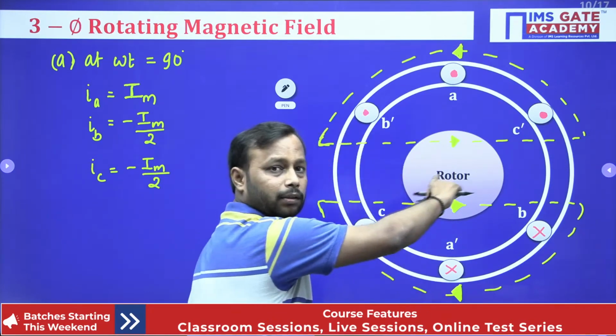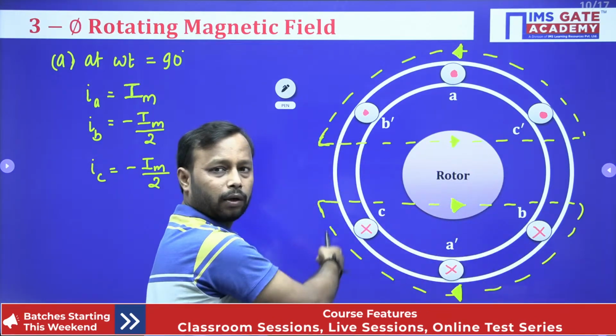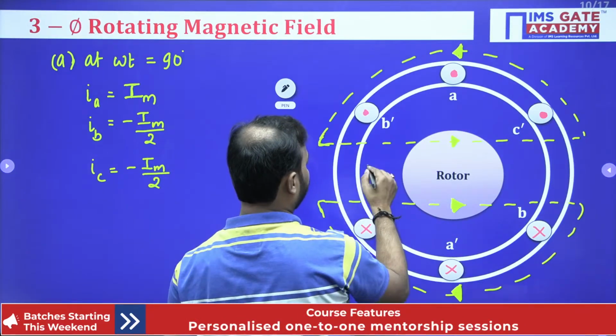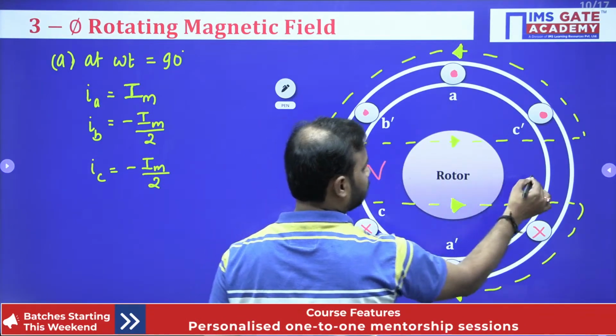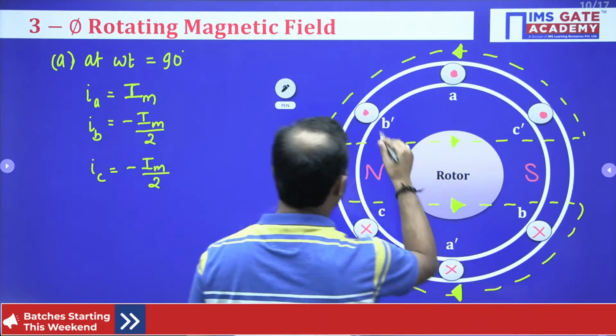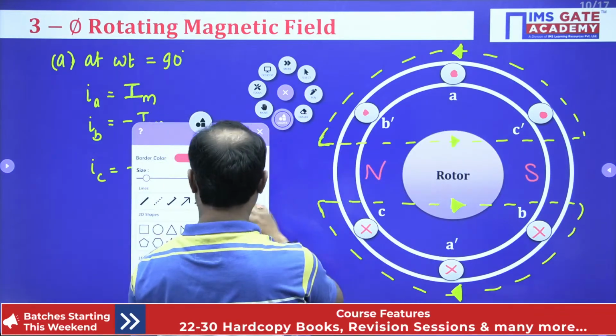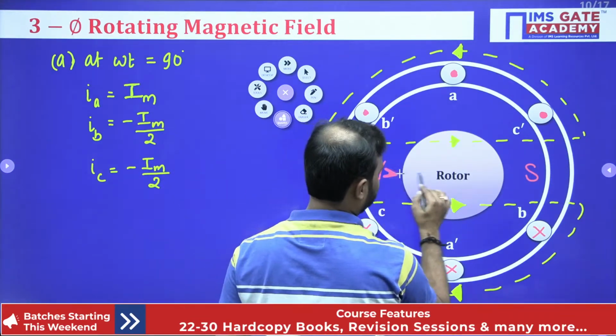The direction that it is going to follow is clockwise. So this behaves as a north pole and this behaves as a south pole. So the direction that we are going to have is like this.